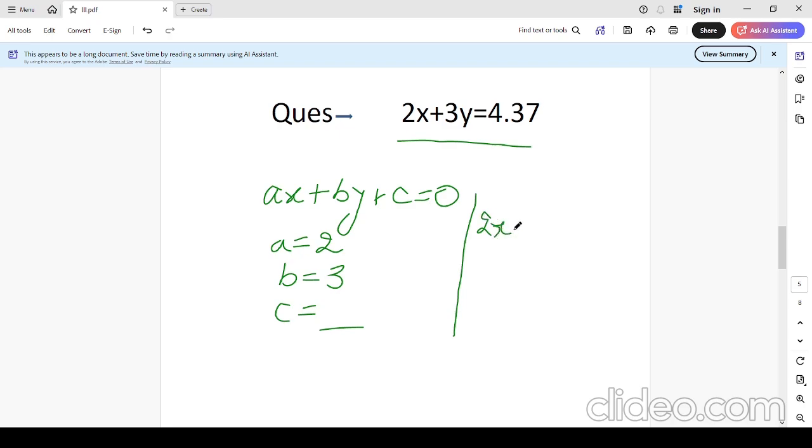that is 2x plus 3y. We will take this 4.37 to the left side, and for that the sign will change from positive to negative, equals 0. Now you can identify c, it is minus 4.37.